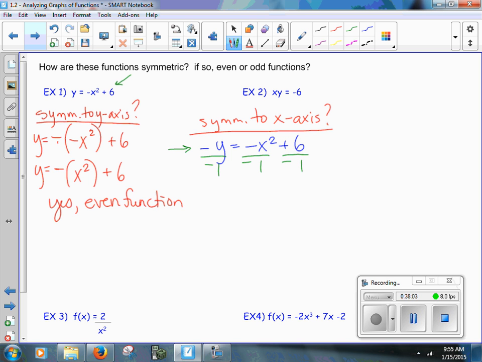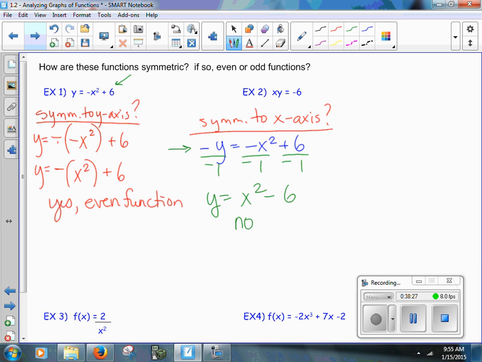Yes. Okay. What's negative divided by negative? Positive. Positive divided by negative. Is that the same equation I started with? Is it symmetric with respect to the x-axis? No. Now, I plugged in a negative y.